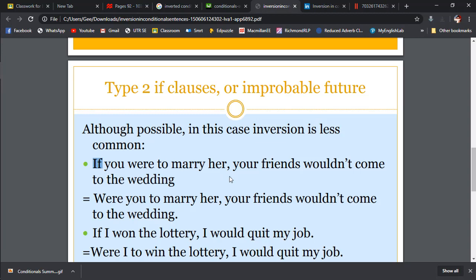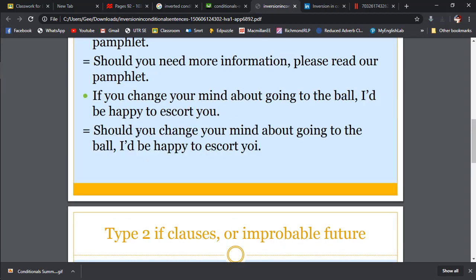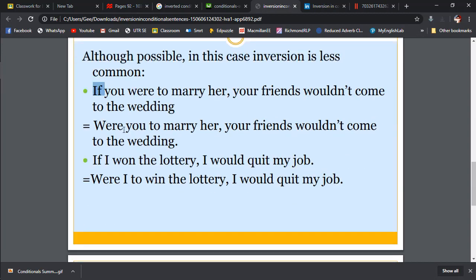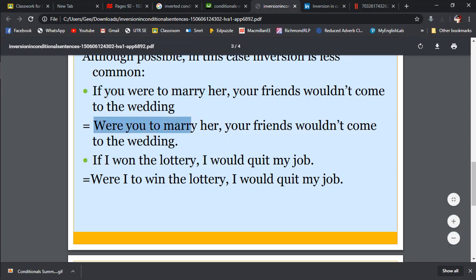If, in this case, type 2, we don't use should, we use were. Yes, were you to marry her, your friends wouldn't come to the wedding. Yeah, this stays the same.